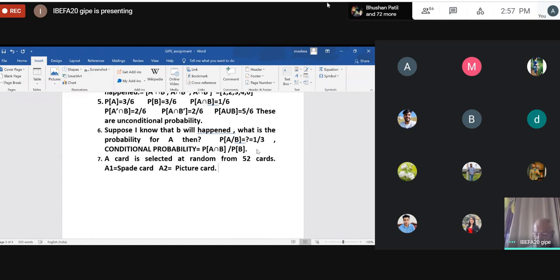So I can define all the probabilities. Probability of A1 equals 13 by 52. Probability of A2 equals 12 by 52.